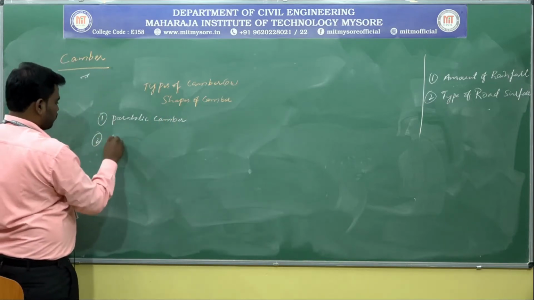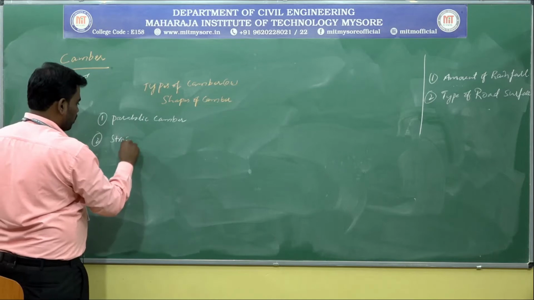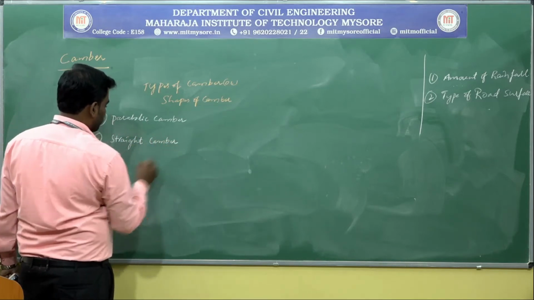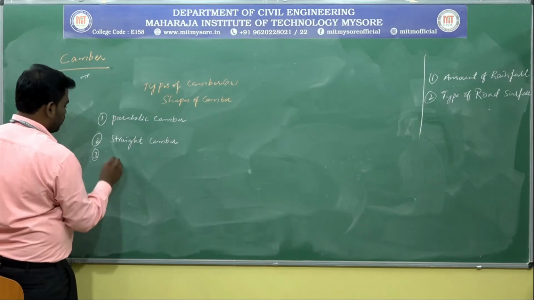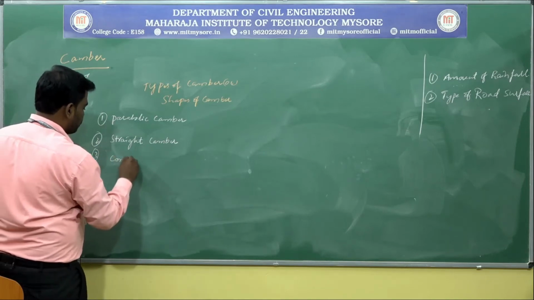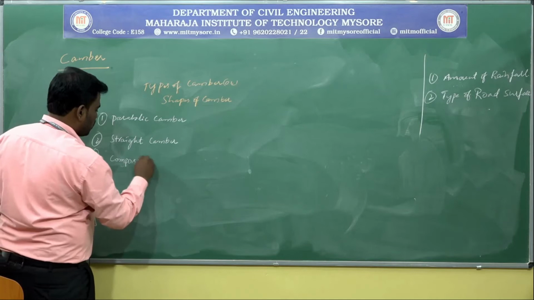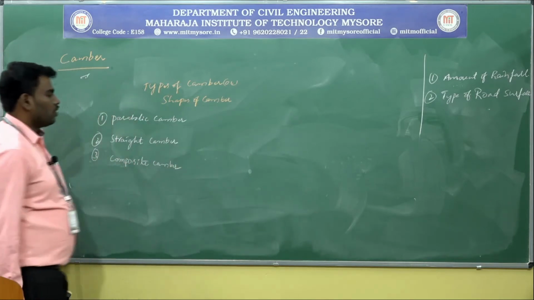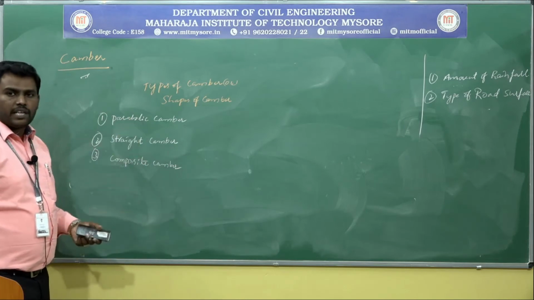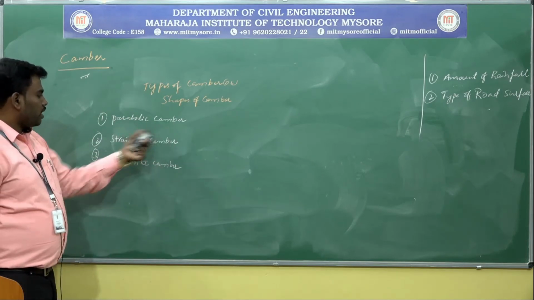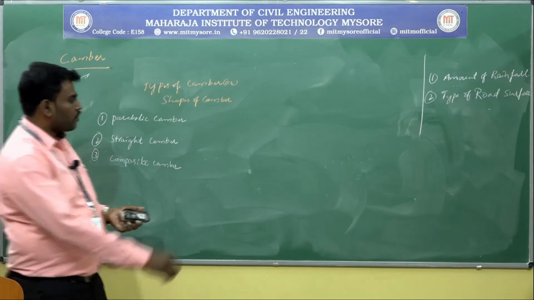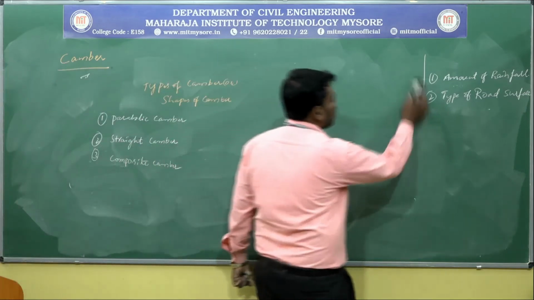Second one, straight camber. Third one, composite camber. Okay, these are the three types of camber: parabolic camber, straight camber, composite camber. Okay, I'll go one by one.